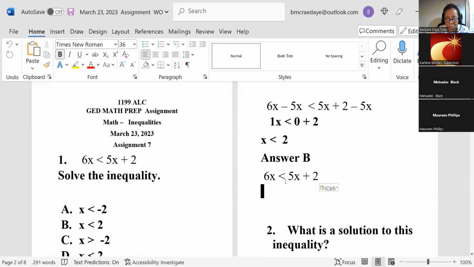But let me do what you said you did. You said you subtracted 2 from where? I put it under 5x and the 2. So you subtracted 2 here. I put it under 5x and under 2 plus 2. Wait a minute. Where did you put the 2?